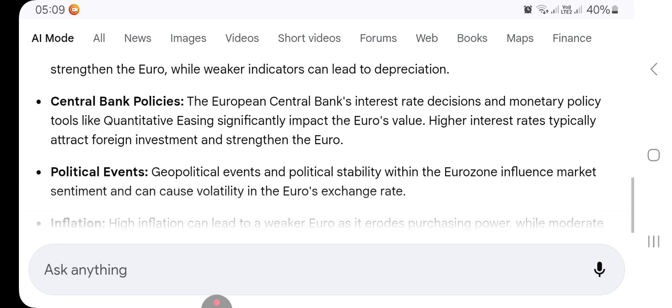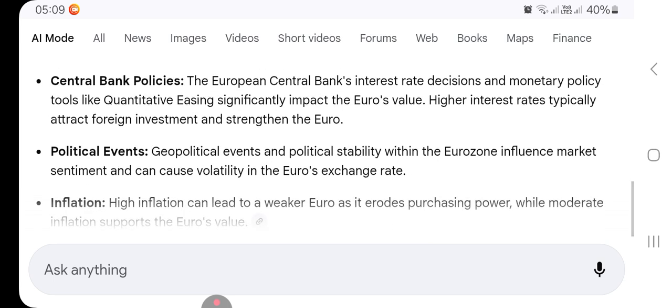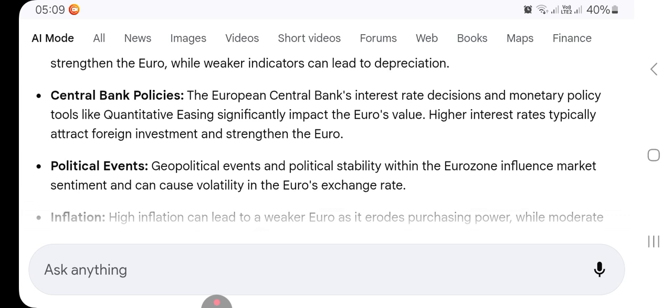A higher interest rate typically attracts foreign investment and strengthens the euro. So the central bank, remember, is one of the best currency analysts. So the statement here is positive because we can see a higher interest rate, we can see it attracts foreign investment, and the conclusion is to strengthen the euro.